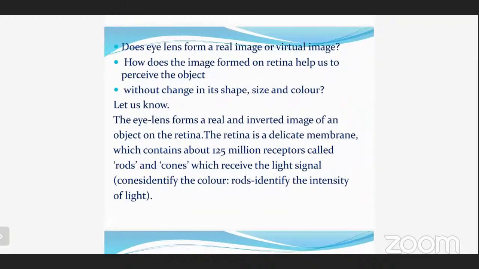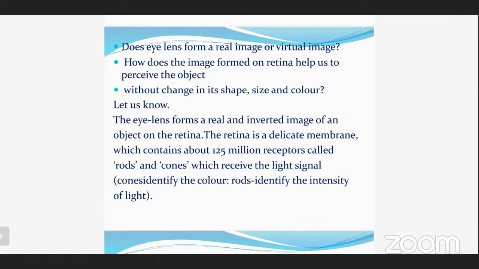The eye lens forms a real and inverted image of an object on the retina. You know that, okay? Because we can see only real images. When a virtual image is formed, we can't see it because we can't catch it on a screen.